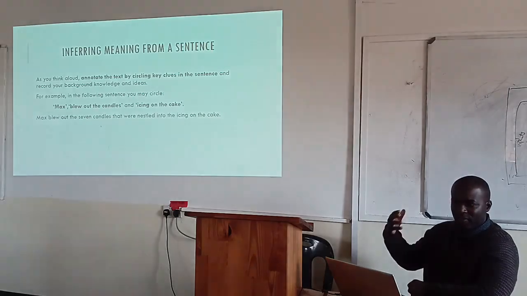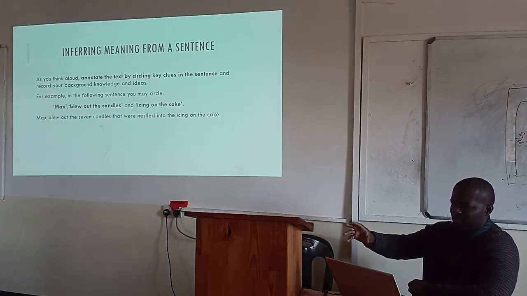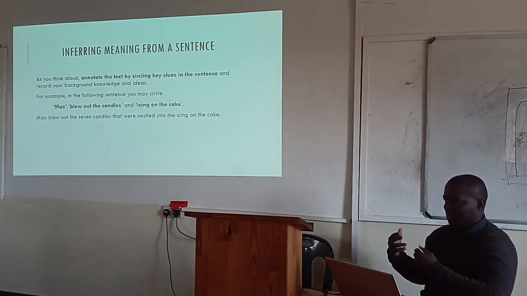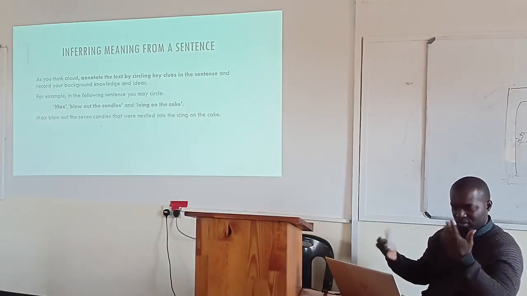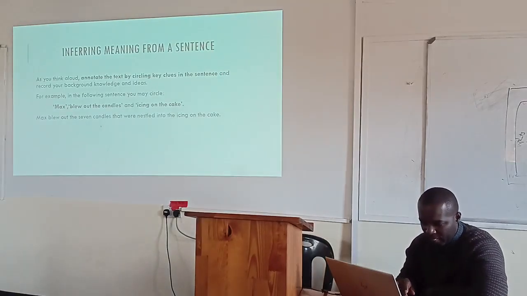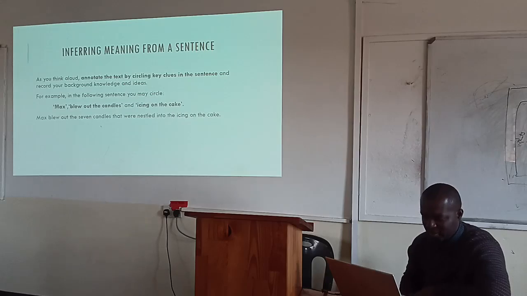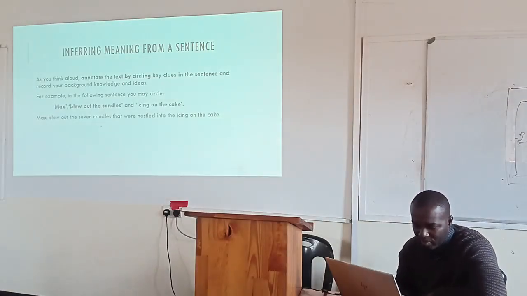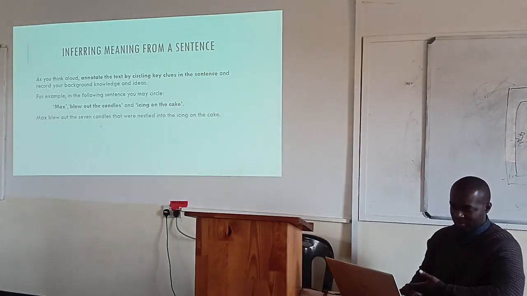When you indicate the actual keywords, it can help you to make an easy conclusion of what the meaning could be. For example, here's just a sentence: Max blew out the 7 candles that were nestled into the icing on the cake. So that's a statement.